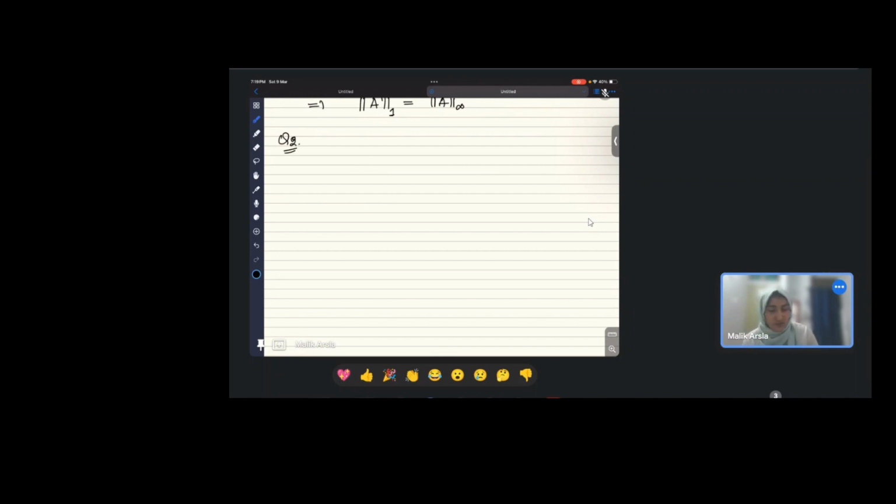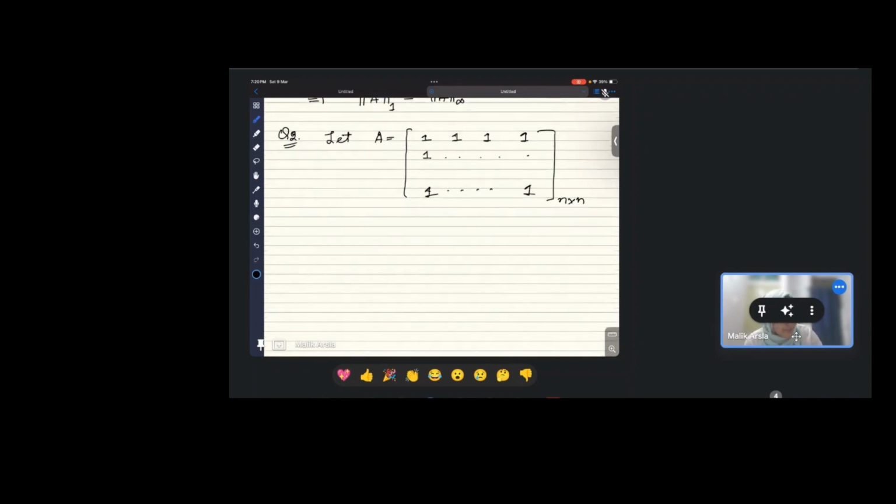Now the second question. Let A be a matrix of size n cross n where all the entries are equal to 1.